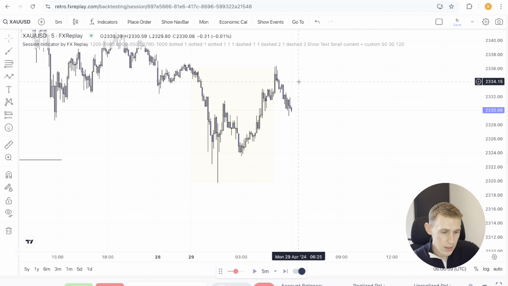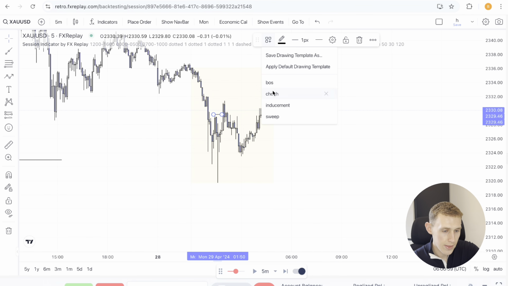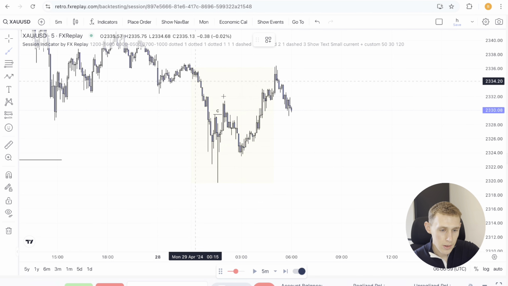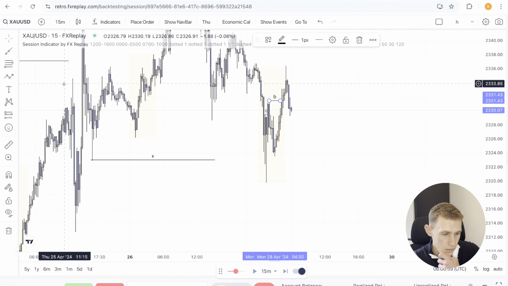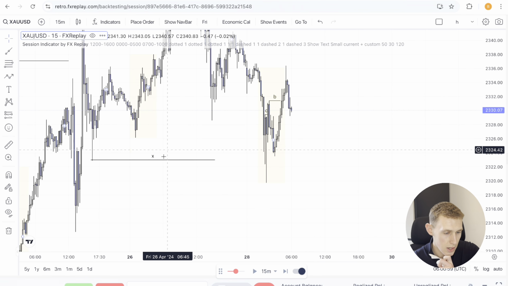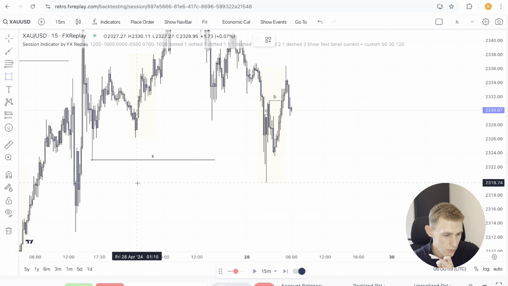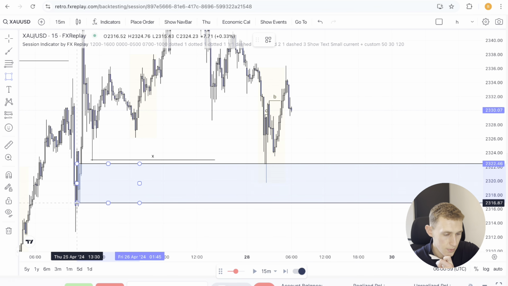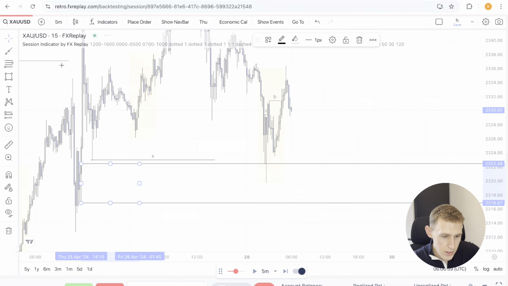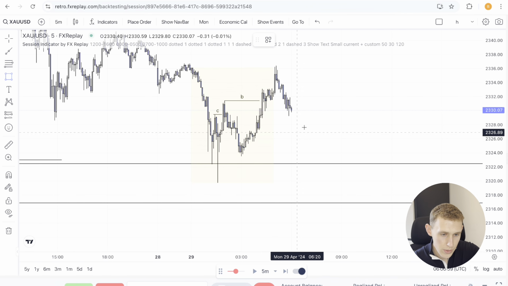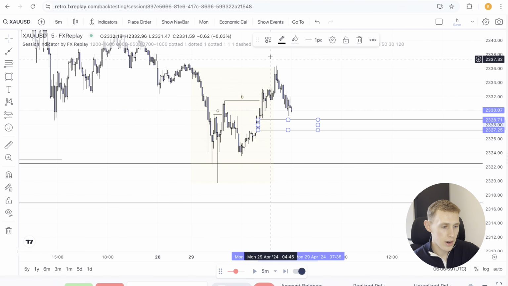Right, so we've seen the sweep, we've seen a change of character. Price also came back, retested, and then broke structure again. You can also see it held demand just here. So if we're looking to enter, I would be entering on this area, just because it's a clear area of demand in the current leg.